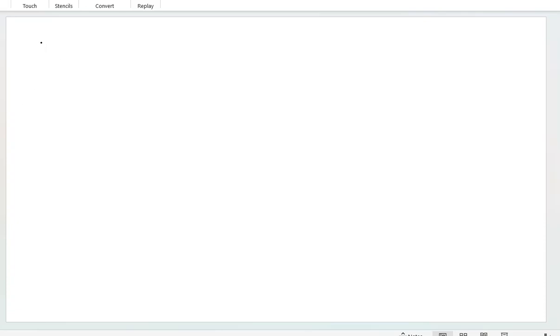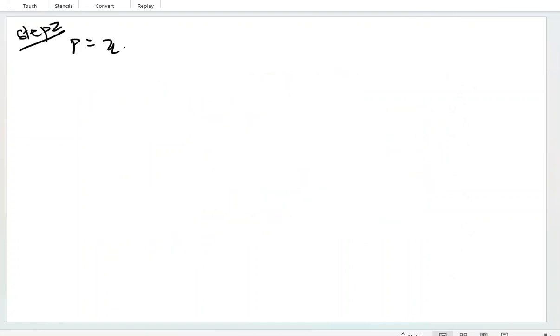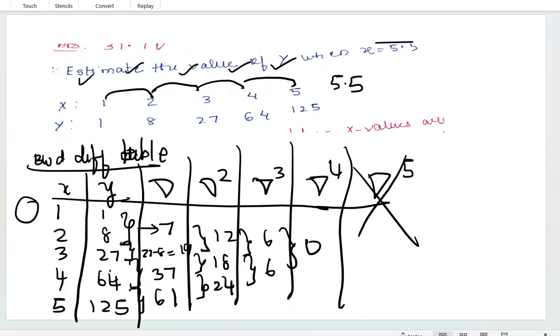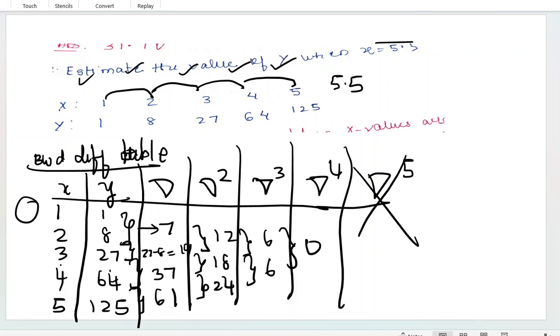Now in step 2, we find out the p value. In this backward interpolation formula, p is x minus xn upon x1 minus x0. x is the value in which we are interested, which is 5.5. xn is the last value in the x column, which is 5.